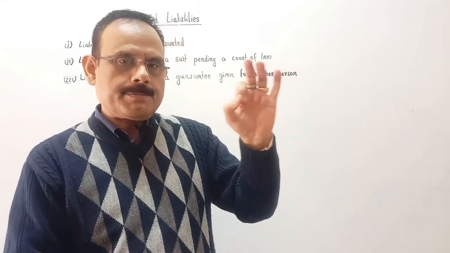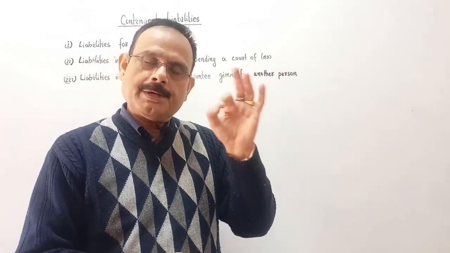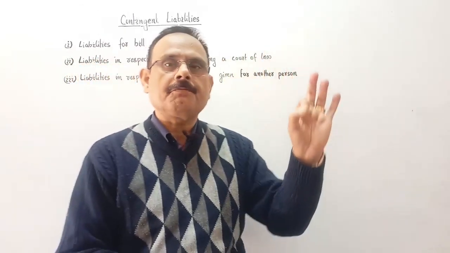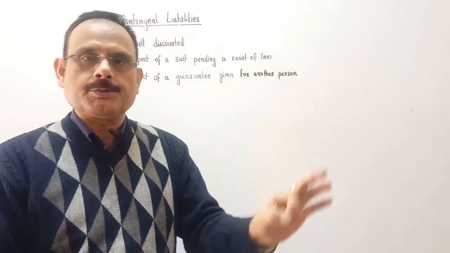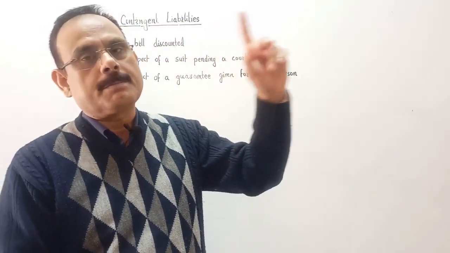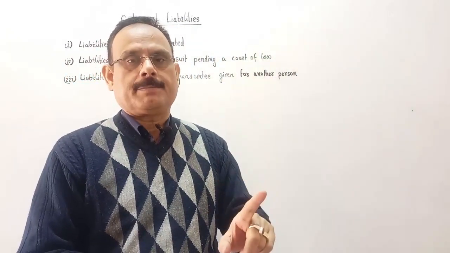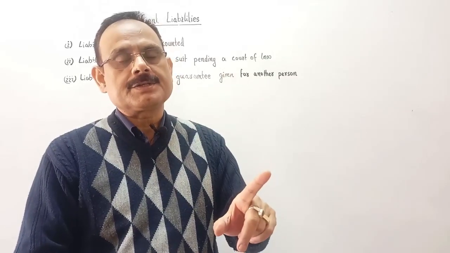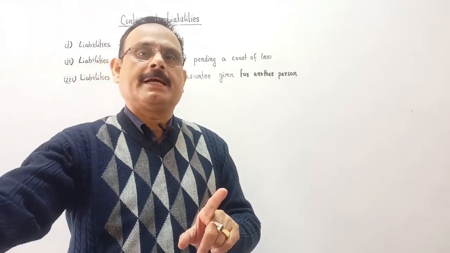So drawer's liability will be secondary. Here, if drawee failed to pay the amount on the due date, then drawer has to pay that amount to the bank. So drawer's liability will come into existence when drawee fails to pay the amount.